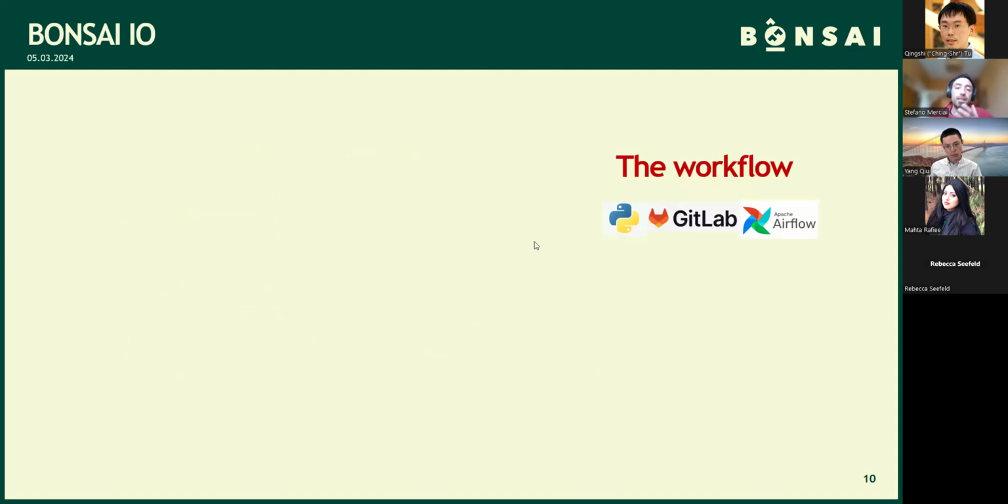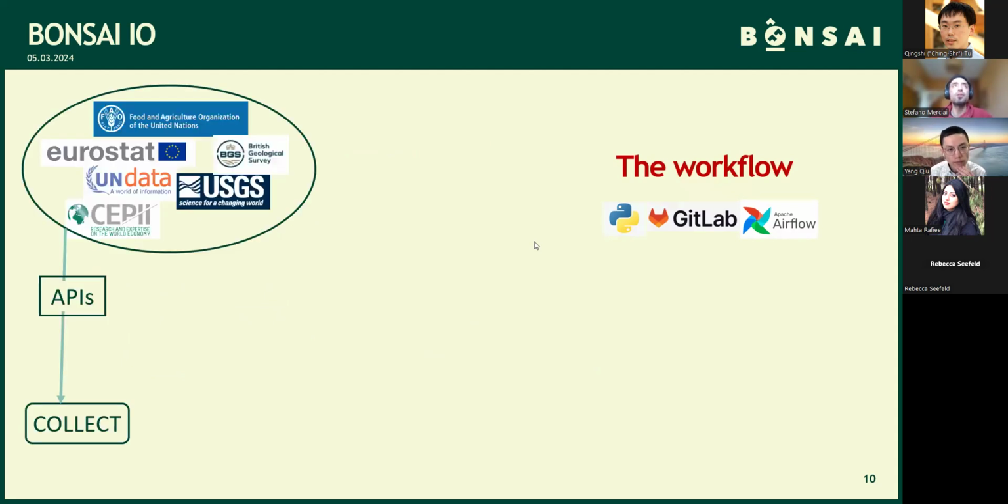In order to explain what I mean with the previous bullet points, I will introduce the workflow of Bonsai.io. First of all, we do a data collection from several data sources. We download data from FAOStat, from Eurostat, all the main organizations, because they have already reconciled and homogenized the data.